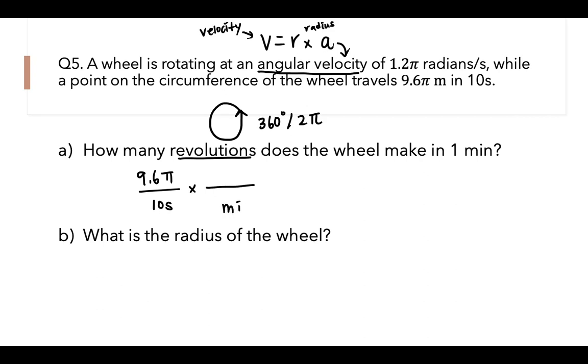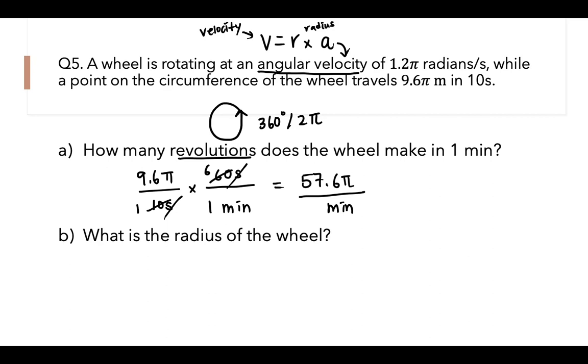We want minute at the bottom, 1 minute, which is equal to 60 seconds. So seconds and second cancel out. This 10 divided by 60, so this becomes 1, this becomes 6. So it's 9.6 times 6 pi, which is about 57.6 pi per minute. So that's how much revolution it's going to take if you're given 1 minute.